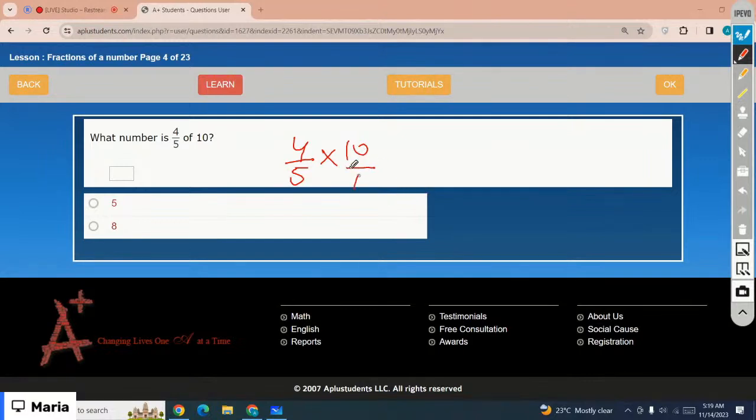So you have to do 10 times 4, numerator times numerator and denominator times denominator. 10 times 4 is 40 and 5 times 1 is 5, right? Now you have to count 5 until 40. So 5 times what number is 40?